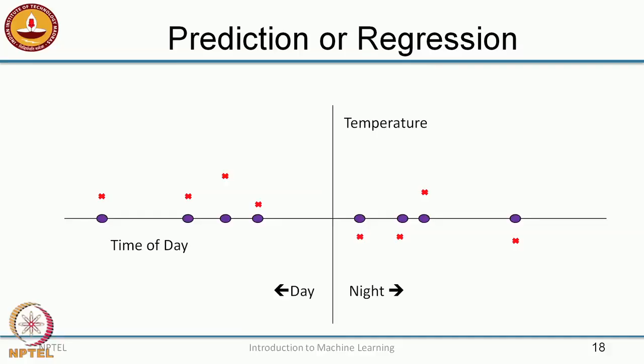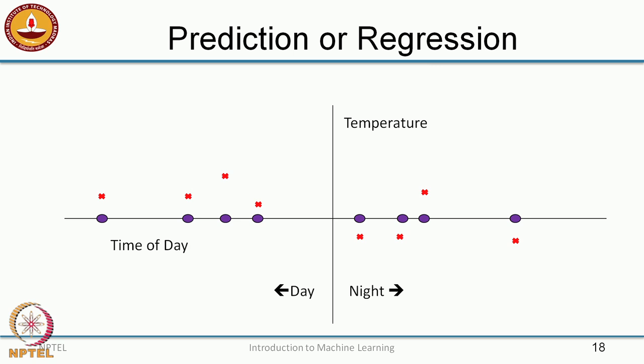The input to the system is going to be the time of day, and the output from the system is going to be the temperature that was measured at that particular time. So, your experience, or your training data, is going to take this form. The blue points would be your inputs and the red points would be the outputs that you are expected to predict. Note here that the outputs are continuous or real valued.